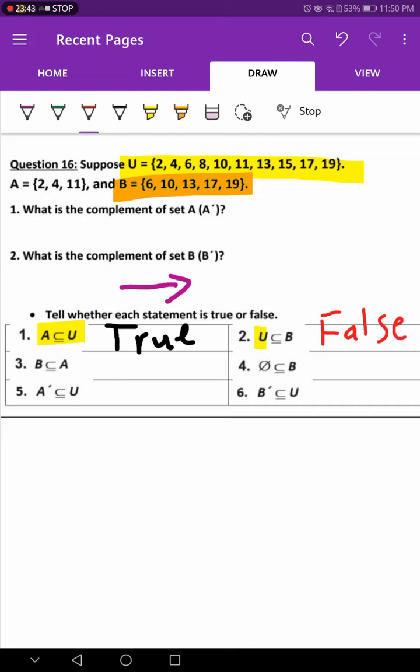What do you mean, teacher? He asks if you can find all the elements of U in B. Can you find all elements of U in B? No, because U is bigger than B. So it is false.